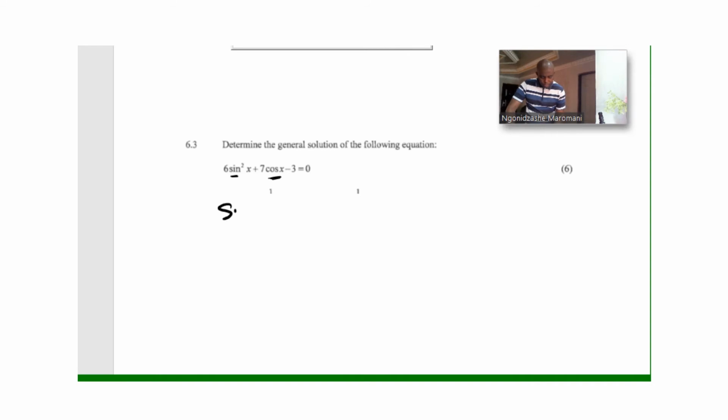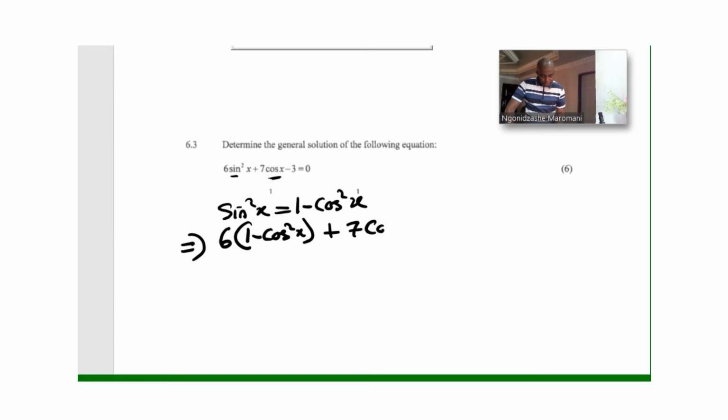That is to say sine squared x is equal to 1 minus cos squared x. Good. Therefore it now implies 6 open bracket, in place of sine squared we now put 1 minus cos squared x, plus 7 cos x minus 3 is equal to 0. Good.